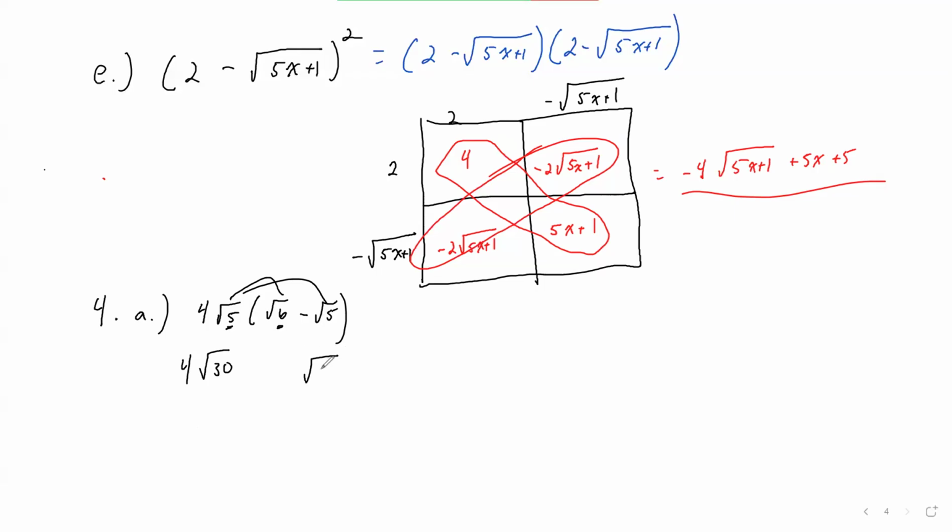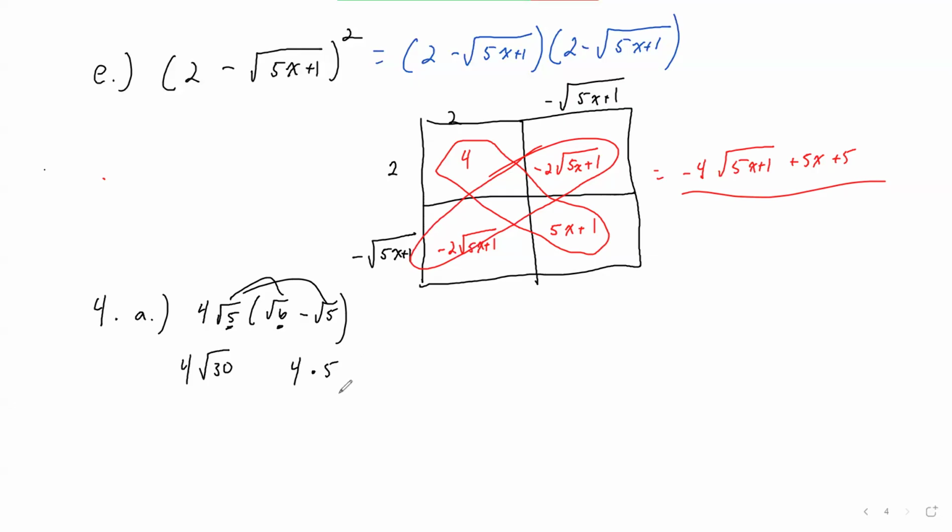Okay. That becomes square root of 25. Correct. Very good, because what do we know the 5 and the 5 is going to become? It's going to be a 5. Again, you either see it or you don't.